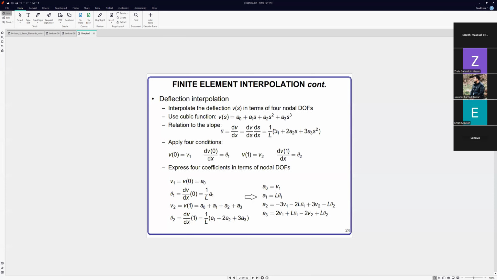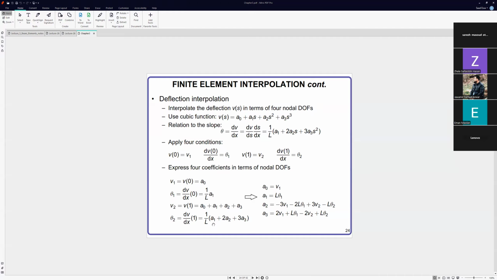At s equal to 1, if we substitute, v is equal to a naught plus a1 plus a2 times 1 squared plus a3 times 1 cubed, which is a naught plus a1 plus a2 plus a3. And theta is the same: 1 over L times a1 plus 2 a2 times 1 plus 3 a3 times 1 squared.